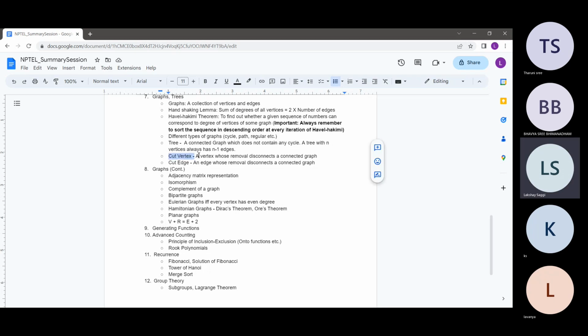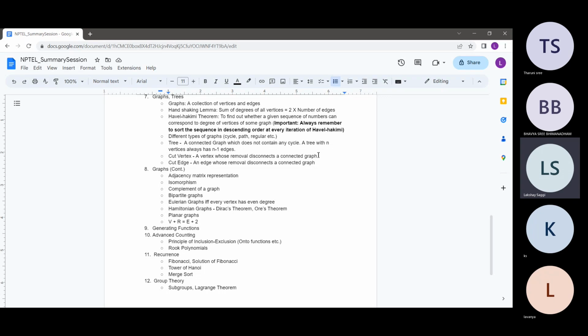So what was a cut vertex? A cut vertex in a graph is a vertex whose removal disconnects a connected graph. So initially, suppose we are given a graph which was connected; if we delete that vertex, then the graph will become disconnected. That's a cut vertex. And then what's a cut edge? A similar definition can be extended: a cut edge is an edge whose removal disconnects a connected graph.